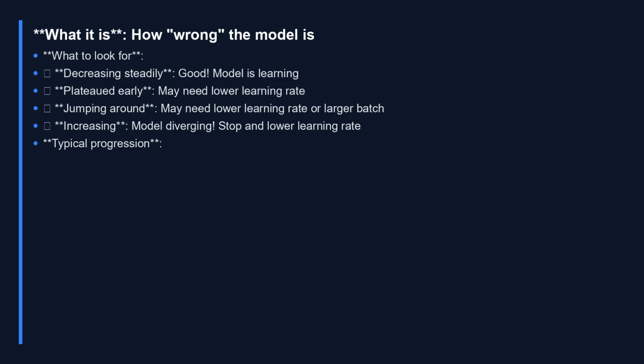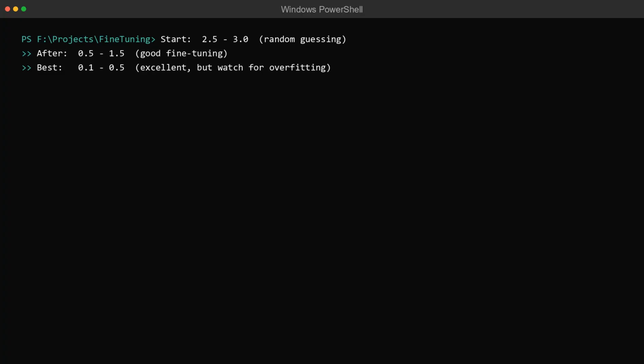Typical progression. This output summarizes the training progress of your model. Initially, you see a range of 2.5 to 3.0, which indicates that the model is essentially guessing, showing poor performance. After some fine-tuning, this range improves to between 0.5 and 1.5, reflecting a significant enhancement in the model's ability to make predictions.